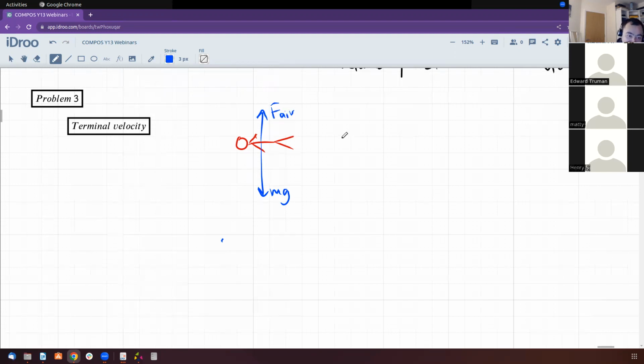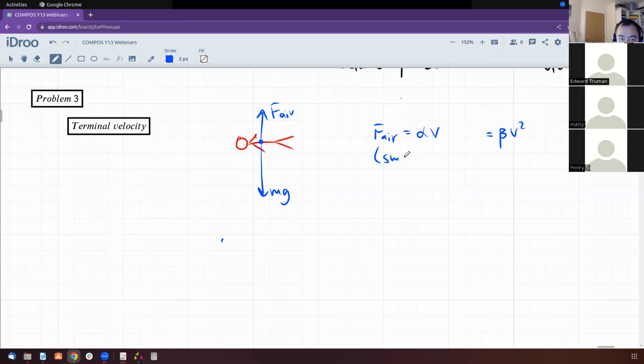The air resistance at small speeds can be modeled as F air equals k v, or let's call it not k, but alpha v for small speeds, or beta v squared for higher speeds.